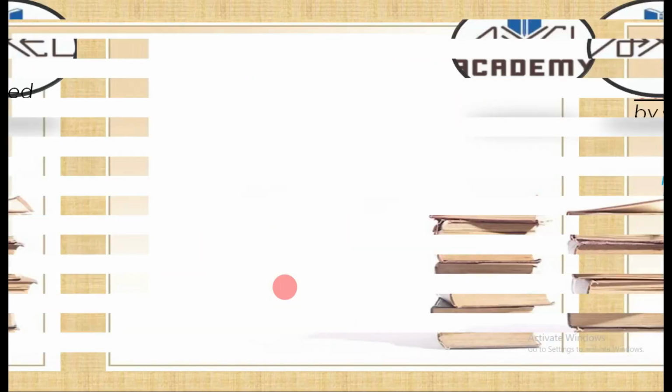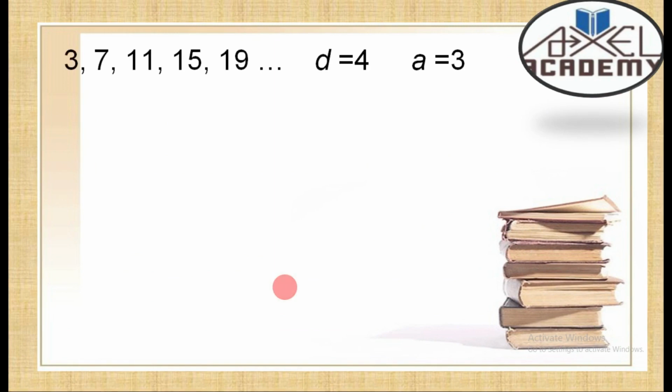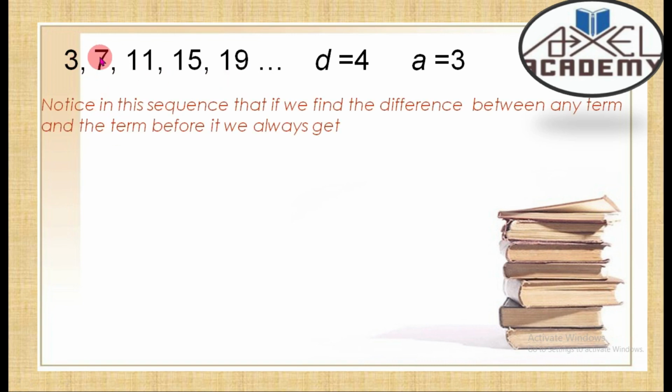Correct? Fine. So let's try to understand this arithmetic progression in a very broad manner. Here we have taken a sequence, and that sequence is in arithmetic progression. Why? Because the difference between the second term and first term, between the third and second, and the fourth and third, are all the same.